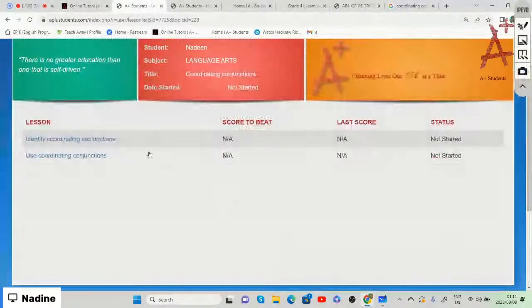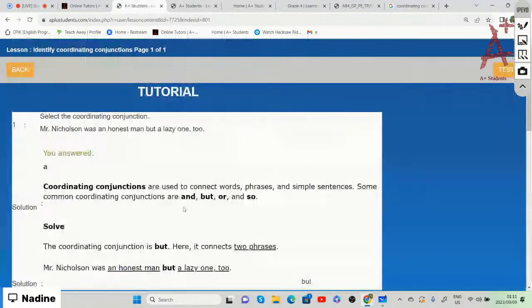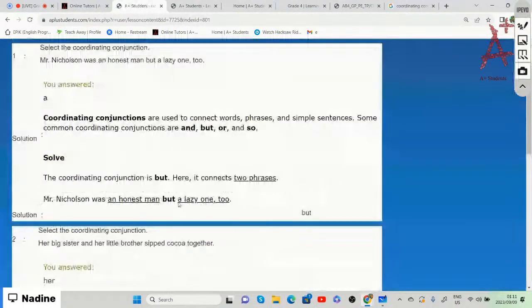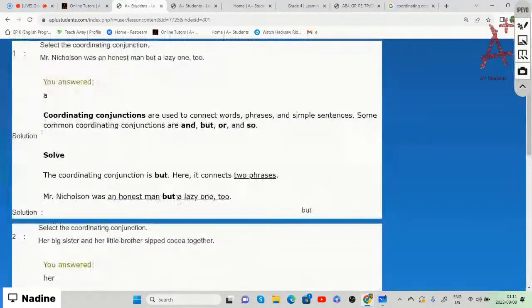So now we are going to identify coordinating conjunctions within our tutorial page. And we see coordinating conjunctions are used to connect words. You can either say John and Mary, it's connecting two words, phrases, and simple sentences.